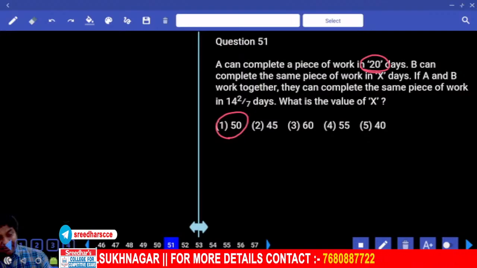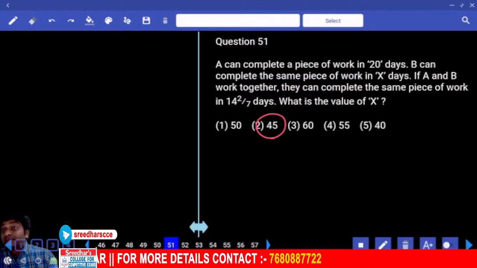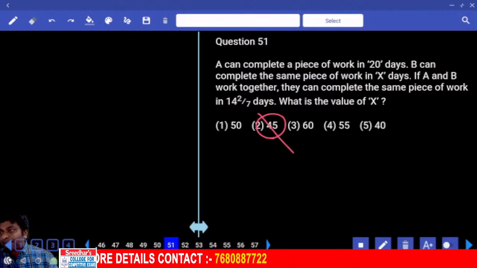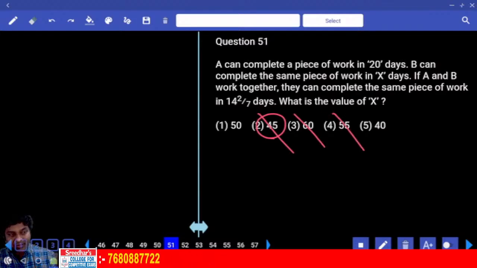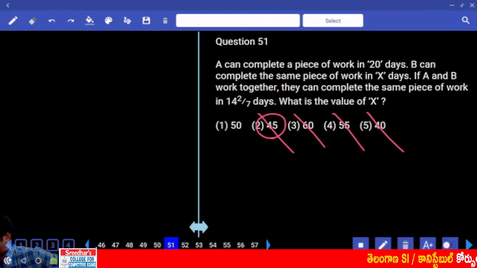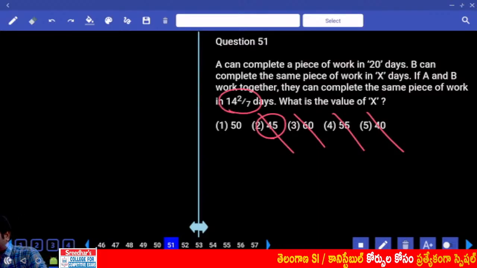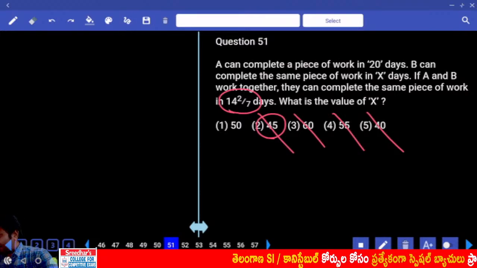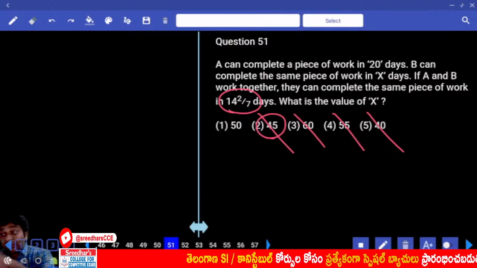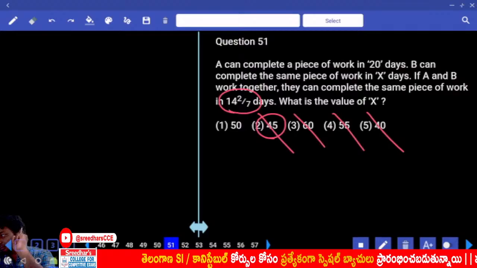Hold it. 20 plus 45, eliminate. 20 plus 60, eliminate. 20 plus 55, 20 plus 40. There is only one option. You understand? The denominator must be a multiple of 7, because together they can do it in 14 2 by 7, where the denominator is 7. So our A plus B value should be a multiple of 7. You got it?